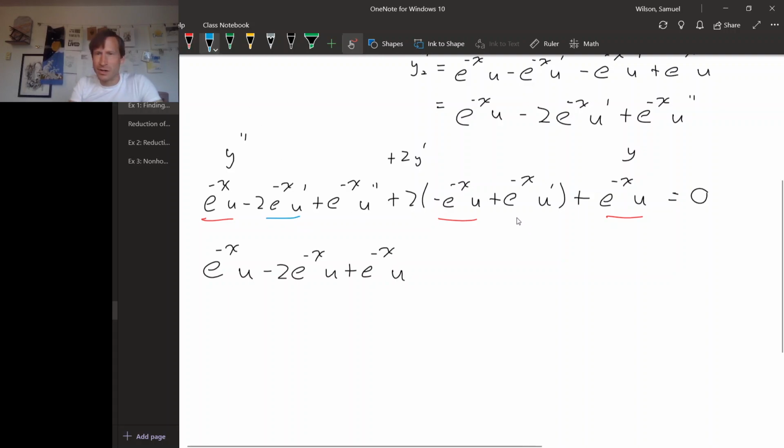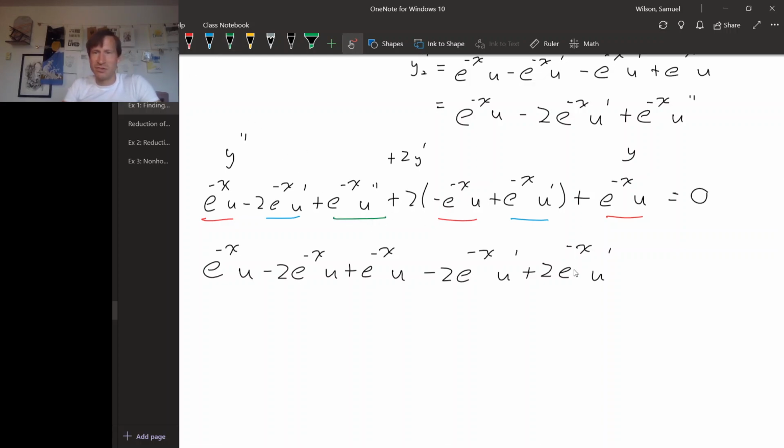There's one here and there's one there. So this is minus 2e to the minus x times u prime. That's the first one. And then the second one is plus 2e to the minus x times u prime. And then finally, we have a u double prime term. So plus e to the minus x times u double prime.